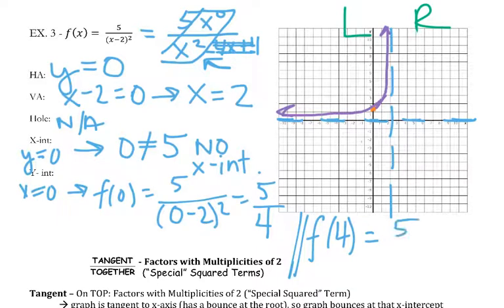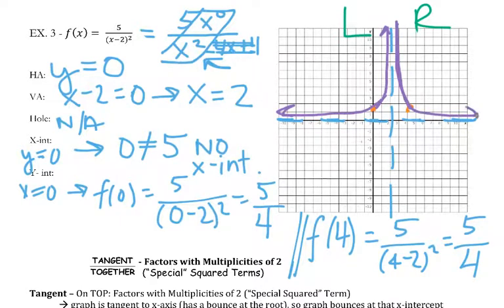That's going to give me 5 over 4 minus 2 squared. So that's going to be 5 over 4. 5 over 4 is 1.25, so we're back here. So this upper graph, or the right-hand side of the graph, has to be hugging the vertical asymptote, go through that point, and then down towards my horizontal asymptote.